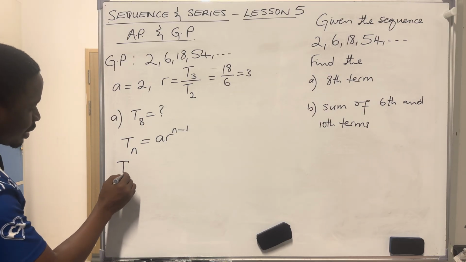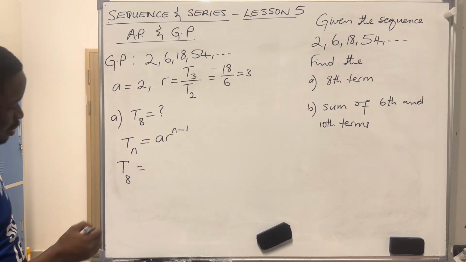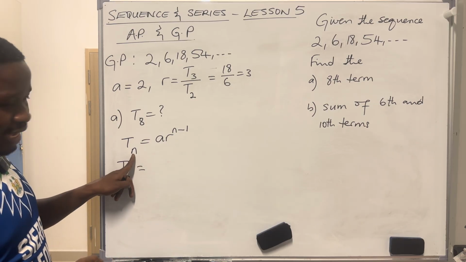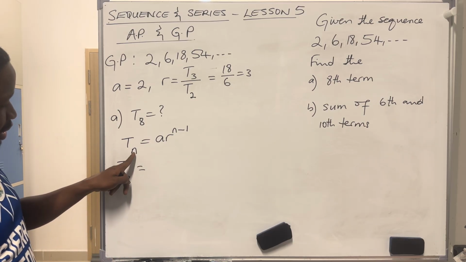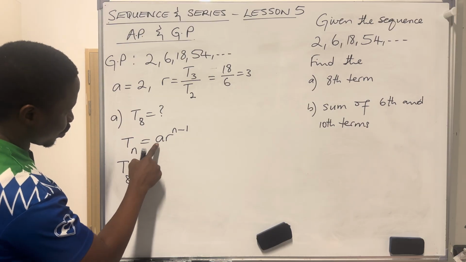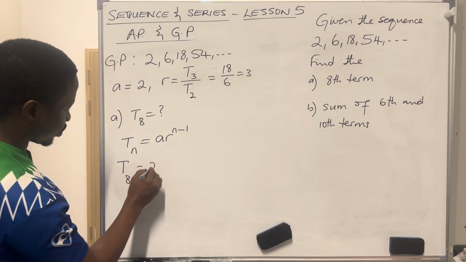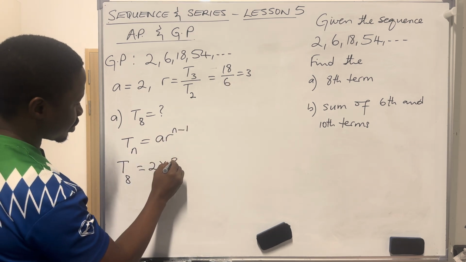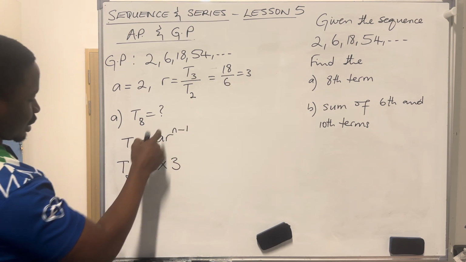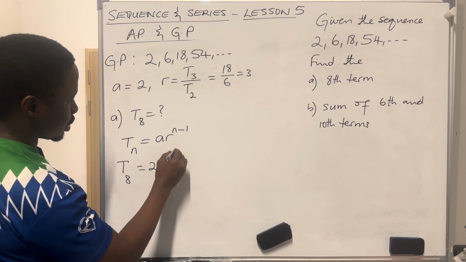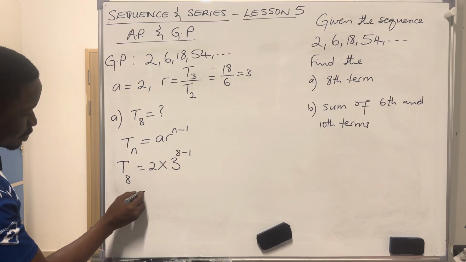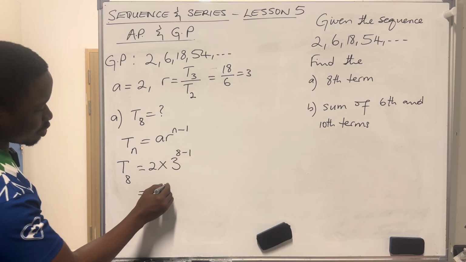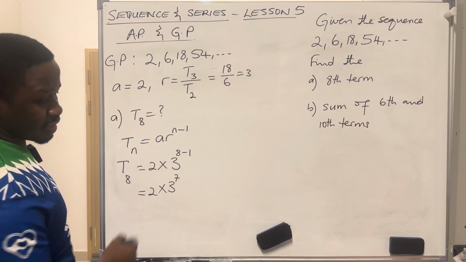Well, we want to find the 8th term, so 8 is going to replace n. What is A? A is 2. What is R? R is 3, raised to the power n minus 1, which is 8 minus 1. So 2 times 3 to the power 7.